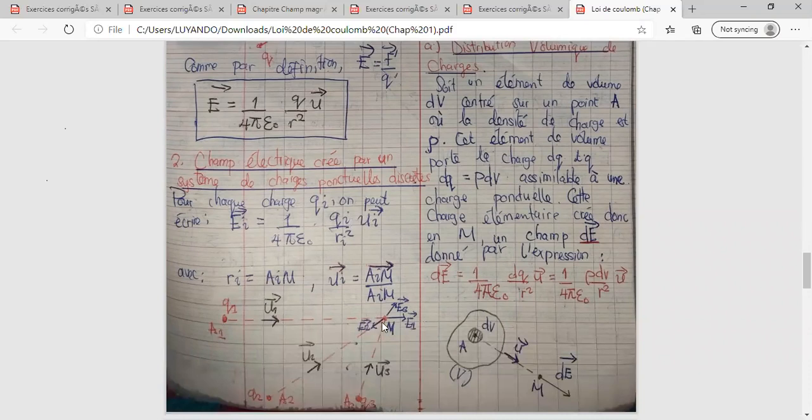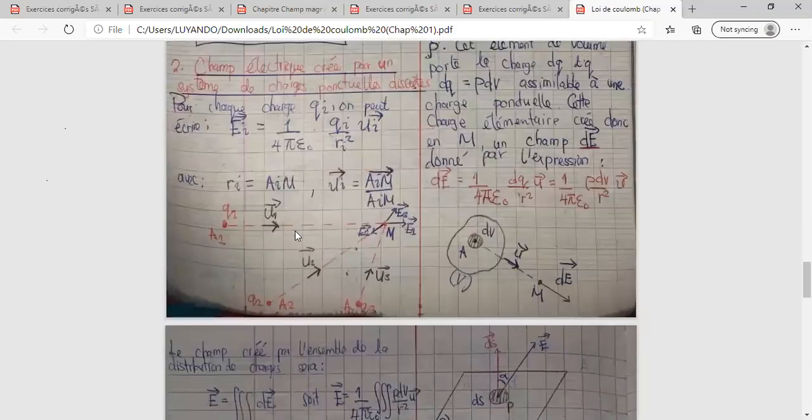So we have this diagram here. U is the direction and all that. So we have the charge Q1 at the point A1.